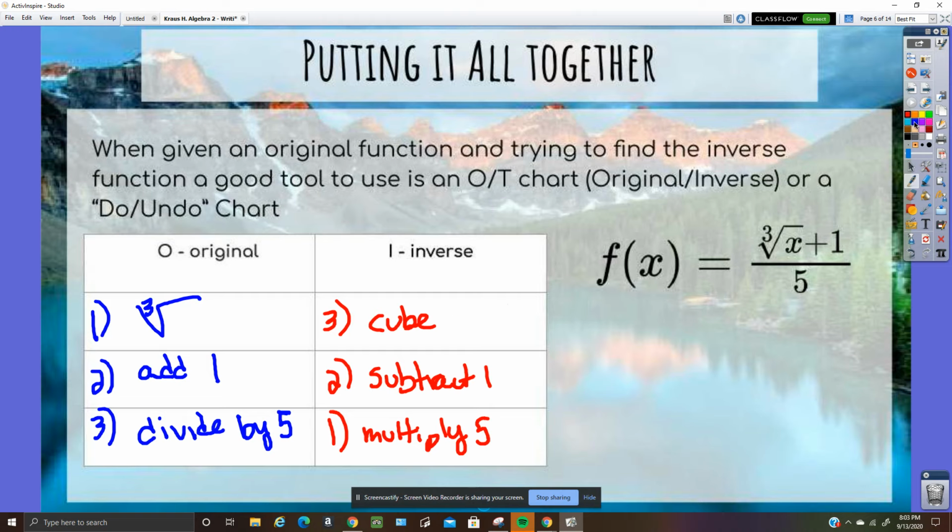So if I were to write the inverse function here, start with an x and multiply it by 5, so 5x, subtract 1, and then cube, so cube the whole thing. You can stop the video if you need to spend some extra time looking at that.